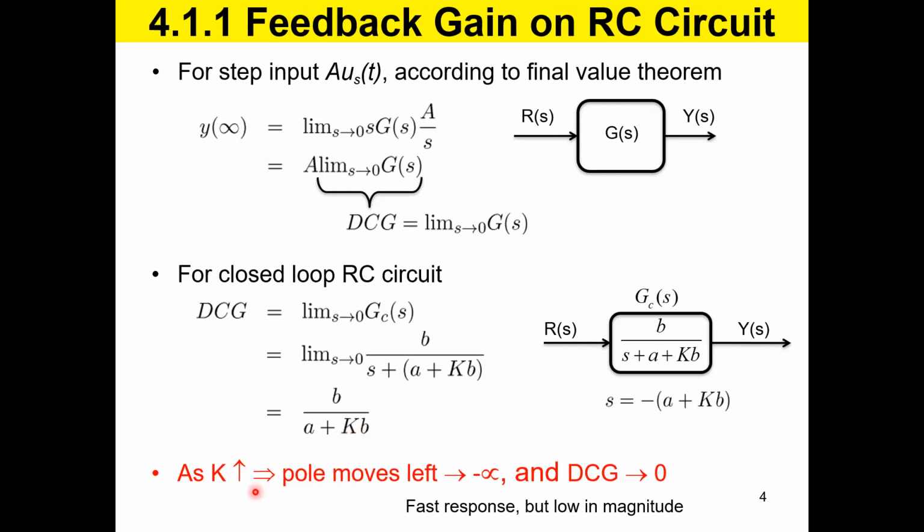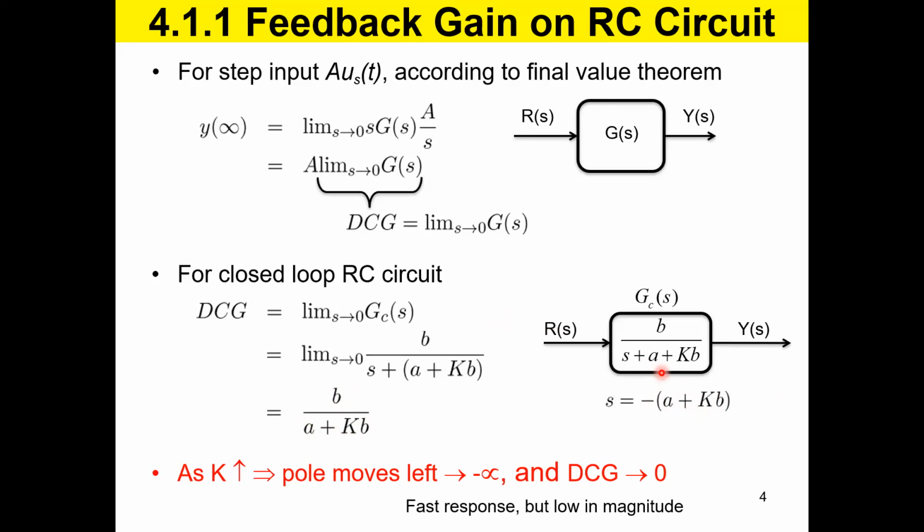So now, if you look at what will happen as you change K, we can immediately see, this is the pole of the plant. This is the DC gain of the plant, right? So if you increase K, this will reduce further. So DC gain drops as you increase K. And if you look at the pole, if you increase K, the pole is going to negative infinity gradually on the real axis.